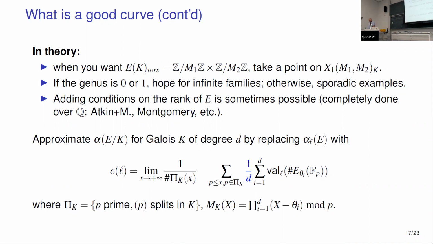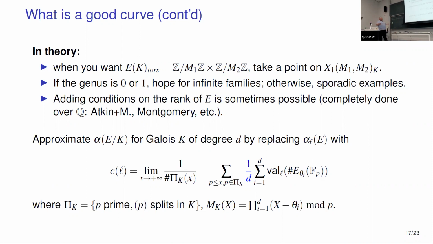You see, I look only at primes that split in K. This means that the minimal polynomial of K has D roots mod P. So I take my curve, which is defined over K, and then I reduce it mod each of the prime factors.